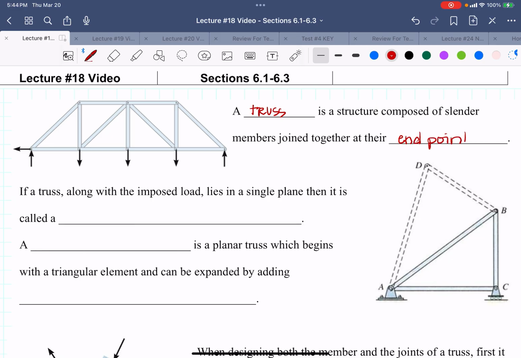And we know our members, each of the different pieces of the truss, this is a member, this is a member, these are all different members of the truss. So member is just the different parts. So if a truss with its loads lies in a single plane, then it is called a planar truss.